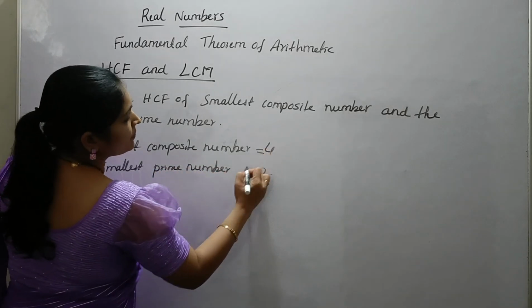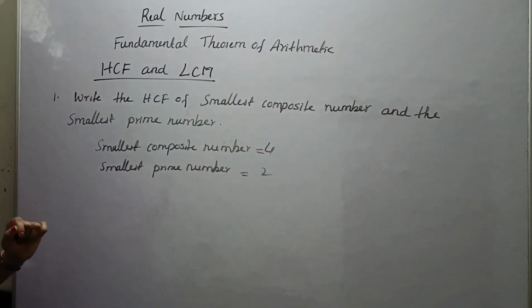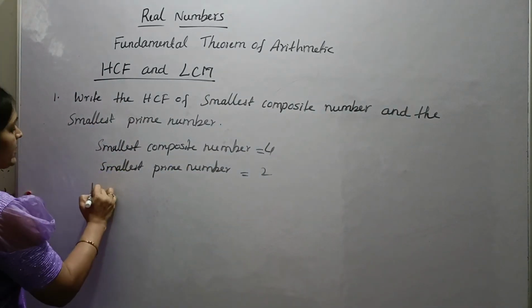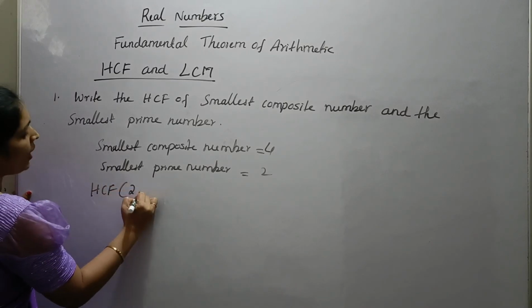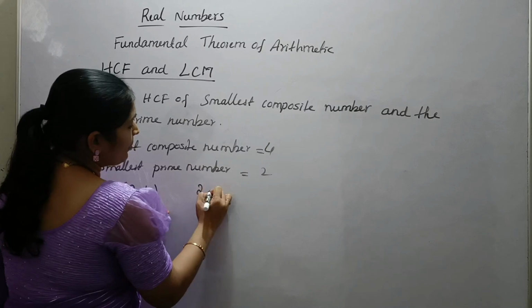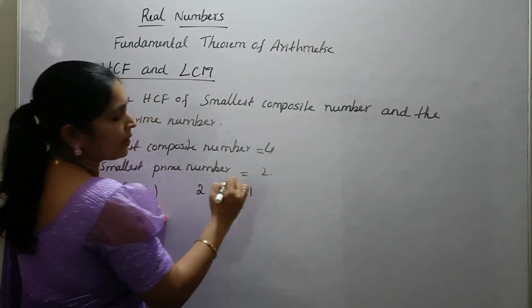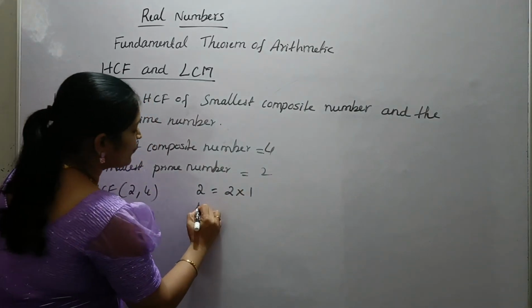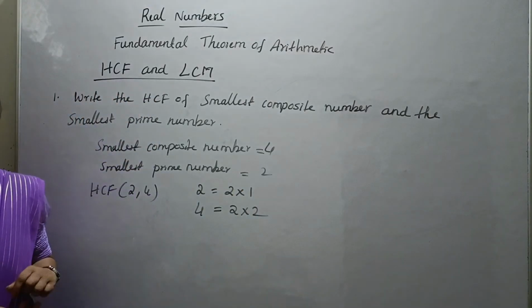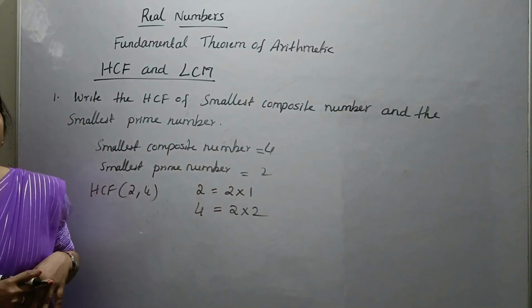Now we have to find the HCF of 2 and 4. Now 2 can be written as 2 into 1, and 4 can be written as 2 into 2.